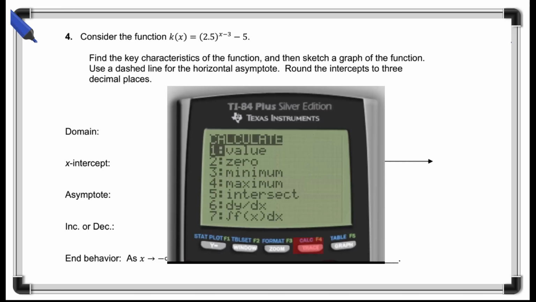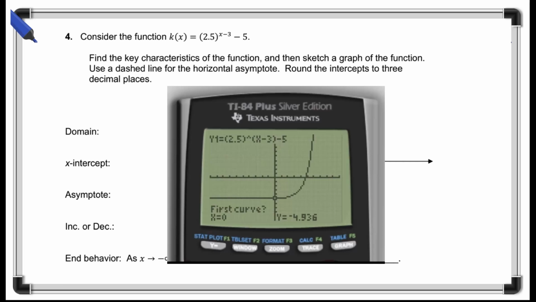I'm going to press second trace, and I'm going to go down to intersect. When I press intersect, you're going to notice that the first curve is your exponential, so you press enter. The second curve is that y equals 0. Then it's going to guess, and you press enter one more time. That intersection is going to be your x-intercept. That is at 4.756. So that's our x-intercept.